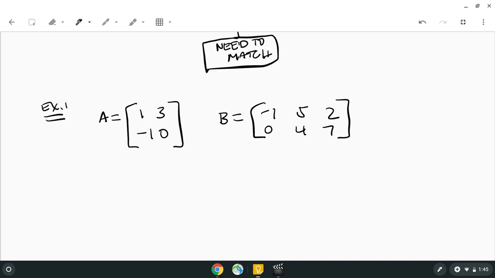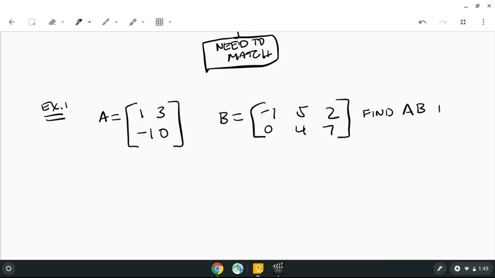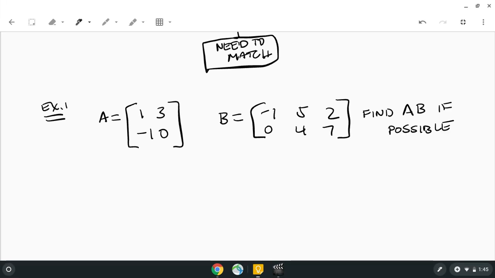So let's find A times B if possible. First of all, let's check to see if it is possible. Let's see if the columns for A match the rows for B. So let's get their dimensions. A is a 2 by 2.